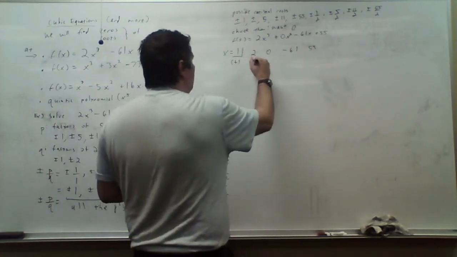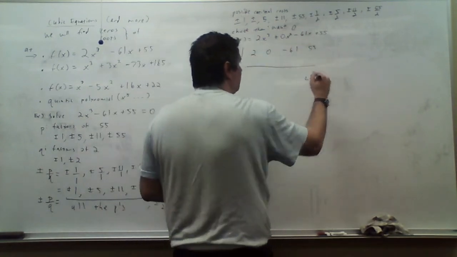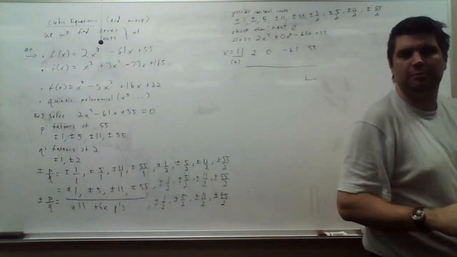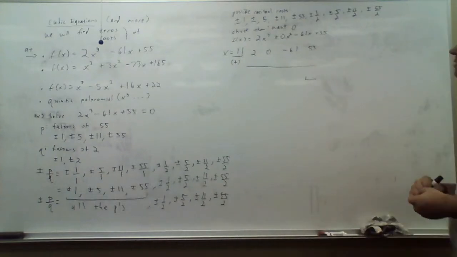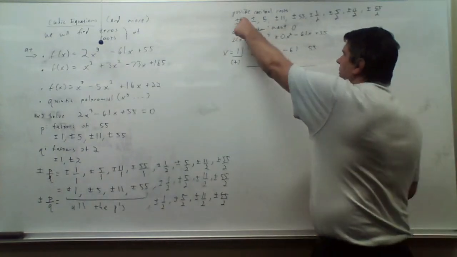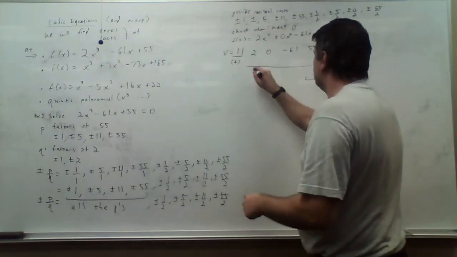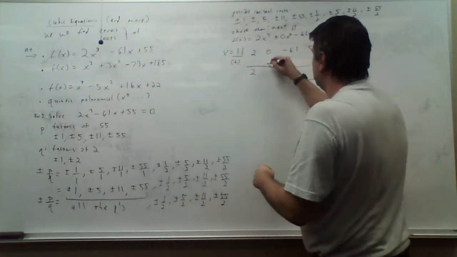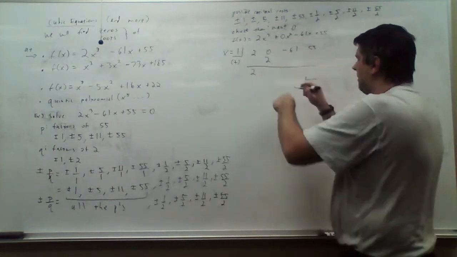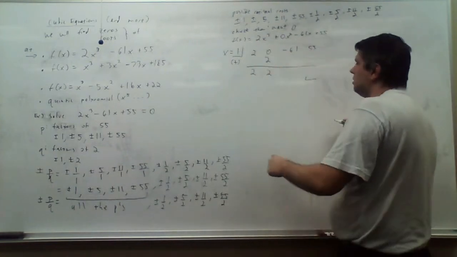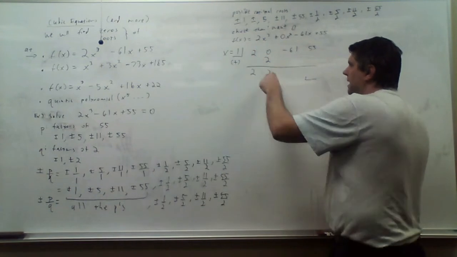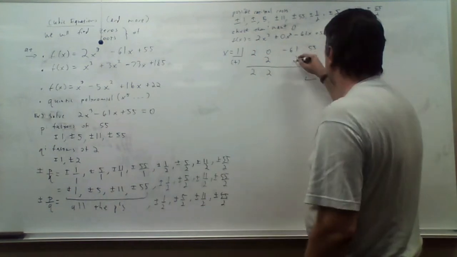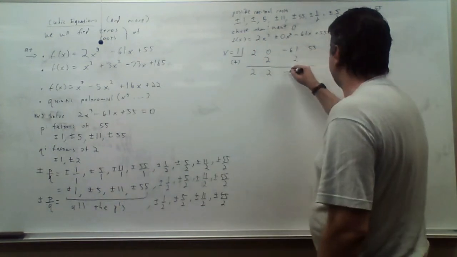You follow the synthetic division procedure for this part. Okay? But you use the actual number. So bring down the 2. 2 times 1 is 2. Add them up, you get 2. 1 times 2 is 2. That's negative 59.